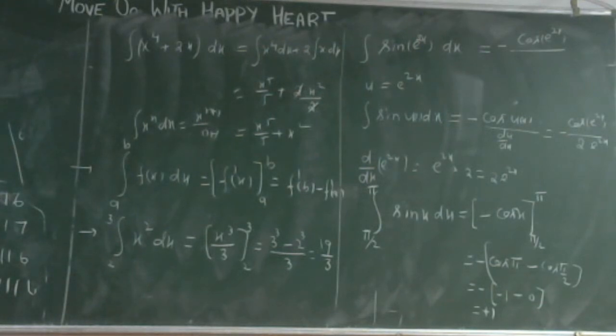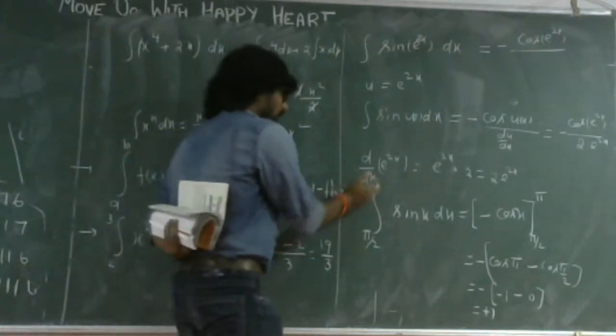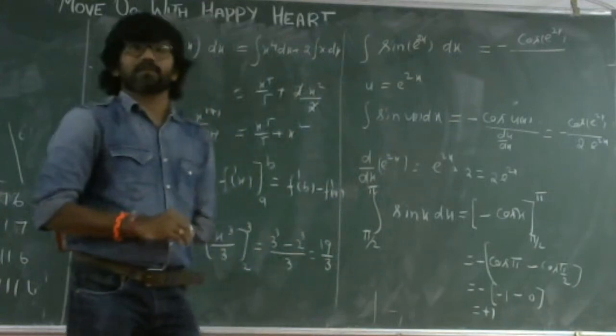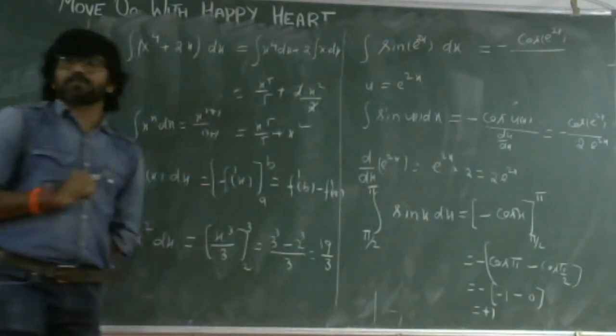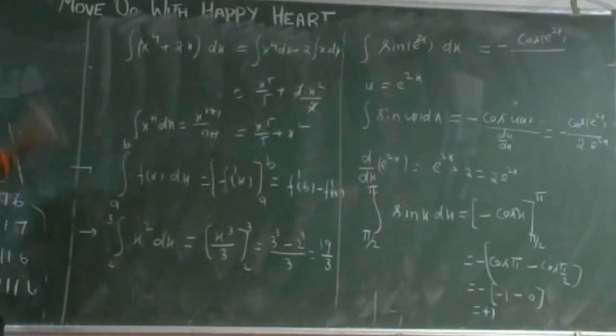Got it? So these kinds of questions also will come. Here the limits can be given in radians or degrees for trigonometric functions. For exponential, logarithmic and normal polynomial functions, usually the limits are normal values, integral or decimal, or fractional limits also can be given.